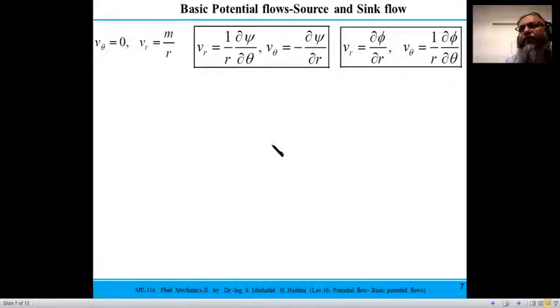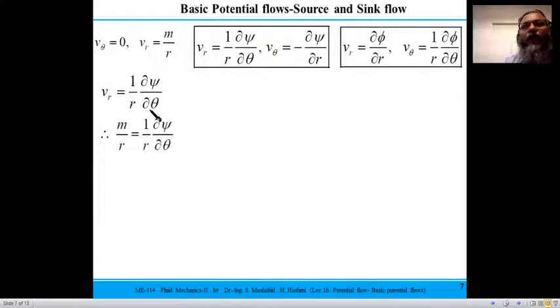The same procedure we adopted for uniform flow, we adopt here. We just pick the radial component of the velocity, which we know is m over r. So r and r cancel out and ∂ψ/∂θ would be just m.